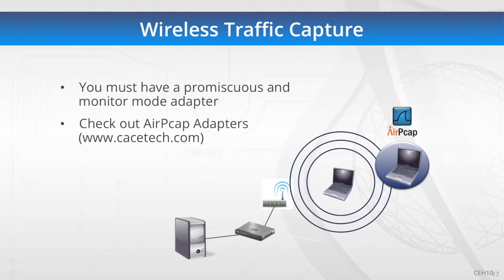So wireless traffic captures. You must have a promiscuous monitor mode adapter. If you go to my expanding security site and you type in wireless traffic capture into the search box, you will see the list of appropriate USB wireless cards that you should be interested in purchasing. You want to get one that works for you.